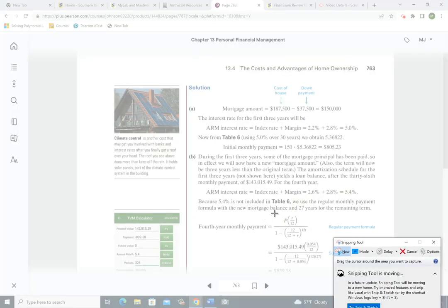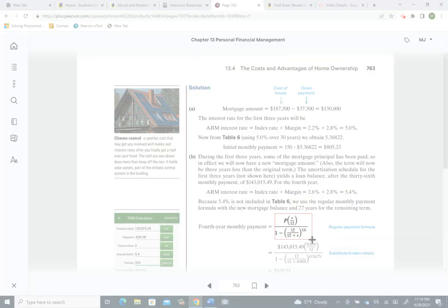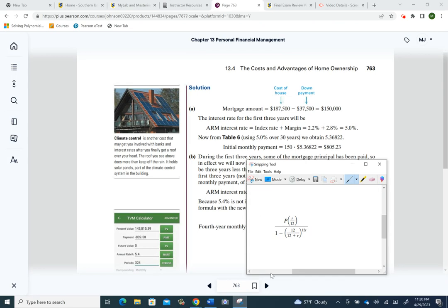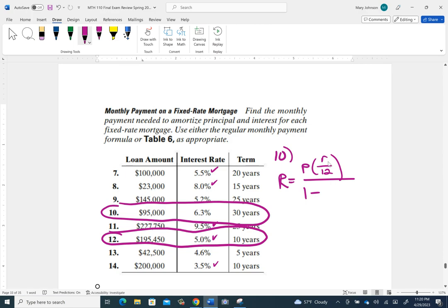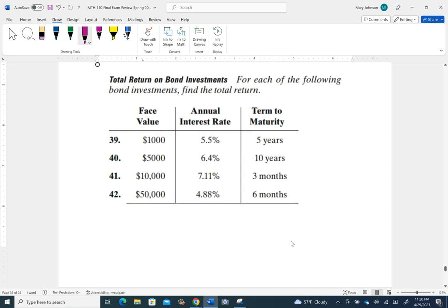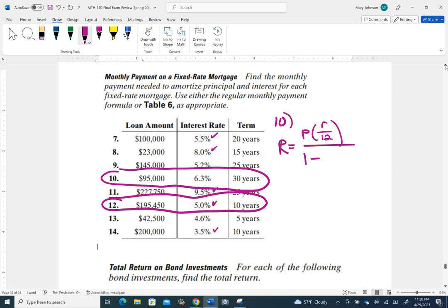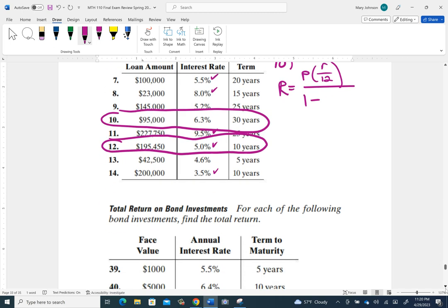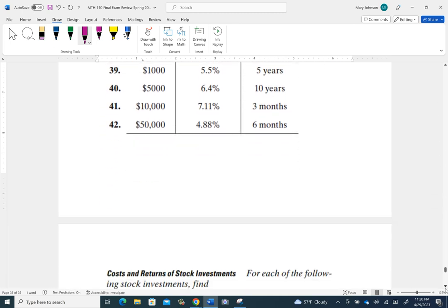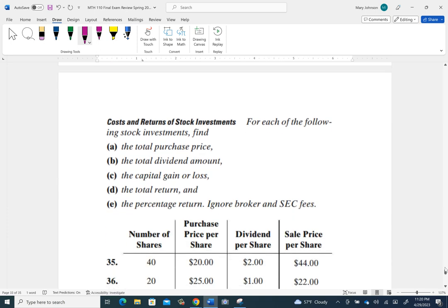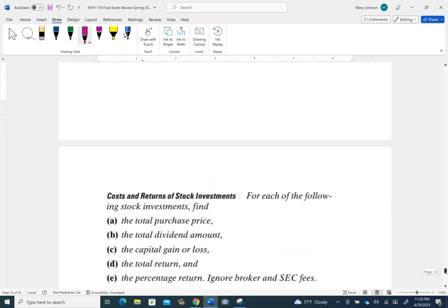This is the formula I was looking for. I'm just grabbing it from right here. We're going to copy that and put it right below this. Did I not copy that?